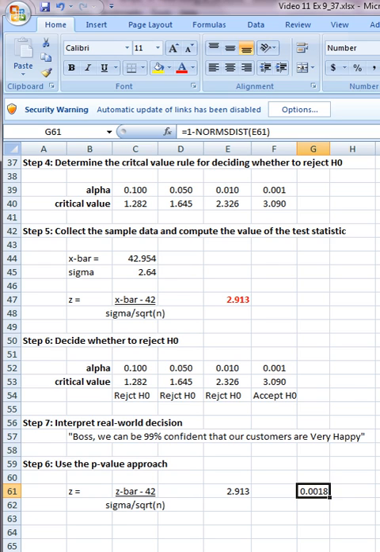I'll do it first without subtracting from 1. It says that we can be 99.82% confident. That's almost 99.9, but not quite. Put another way, this is equal to 1 minus 99.82, or an alpha, or critical value of 0.0018. There's a 0.18% chance that we're wrong. Again, same conclusion, just looking at it a little differently.